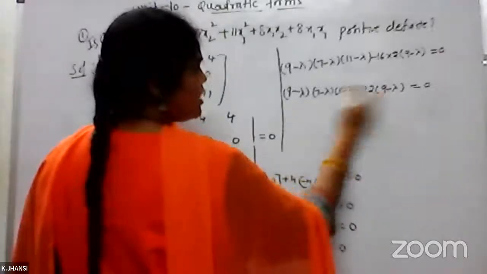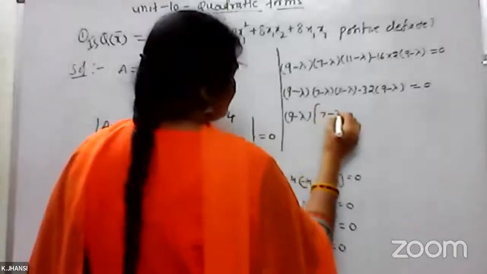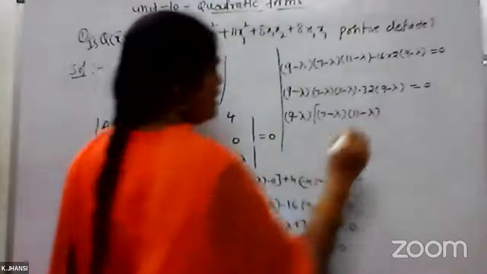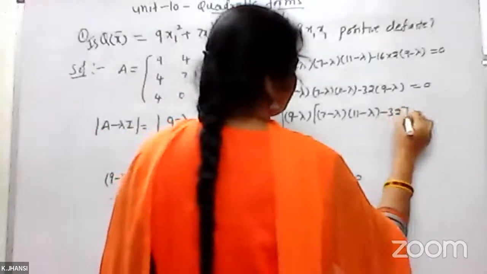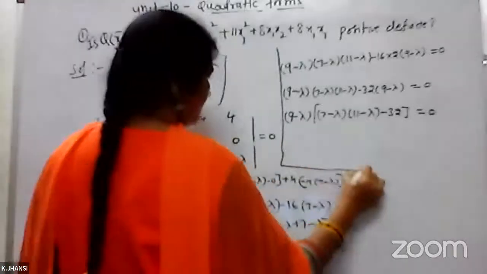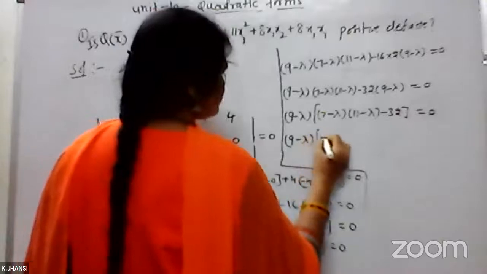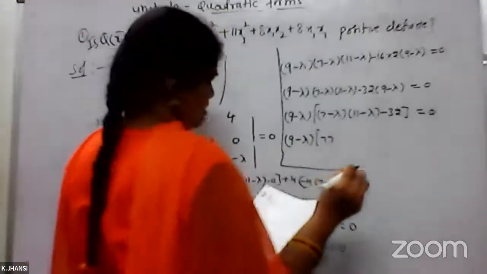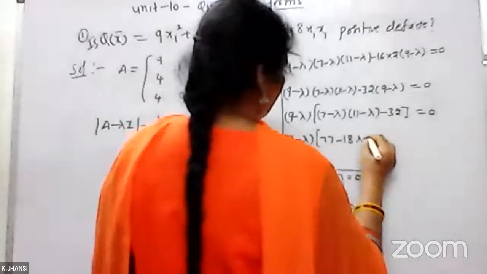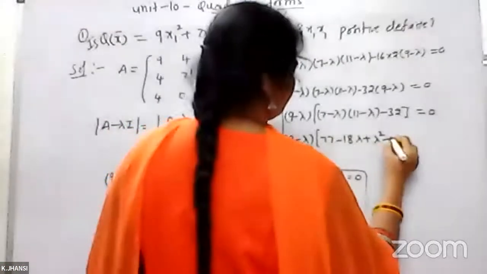Here 9 minus lambda is common. If you take that out, you will get 7 minus lambda, 11 minus lambda, minus 32. Now if you simplify the middle part: 9 minus lambda into 77 minus 18 lambda plus lambda squared minus 32.